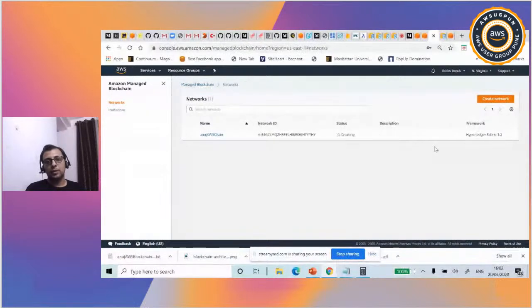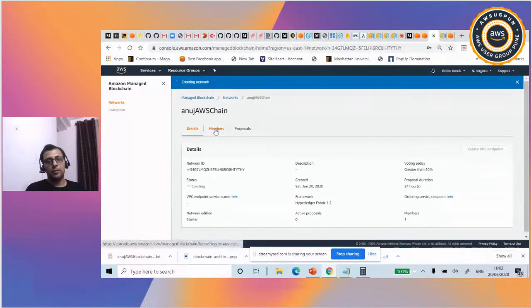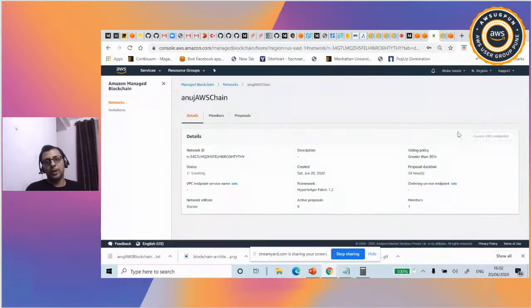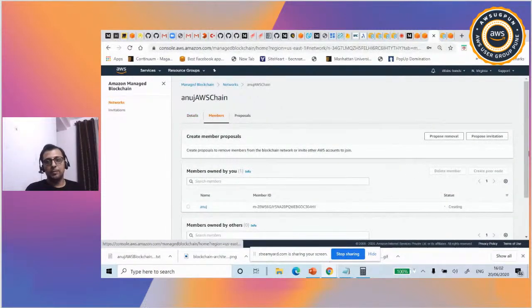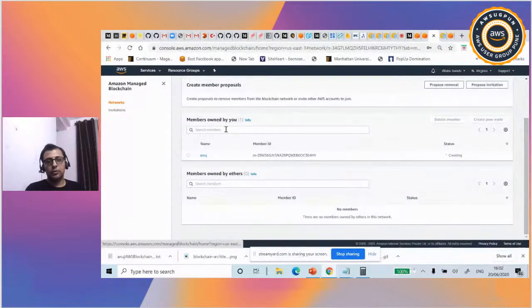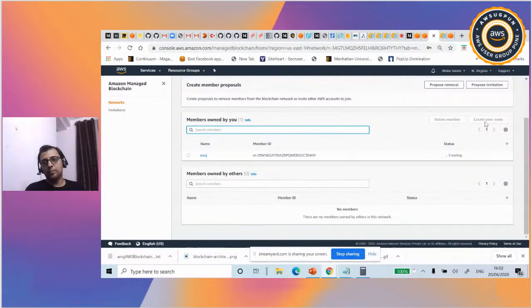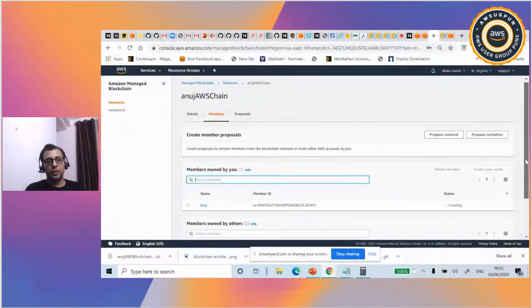Now it's creating a Hyperledger instance on the blockchain for you. Once this is created, I can create a VPC endpoint from where my apps can connect to this directly. I can create a peer node or invite other members onto this chain.